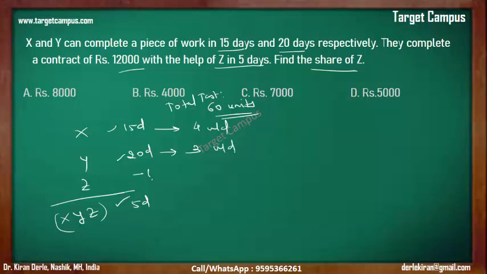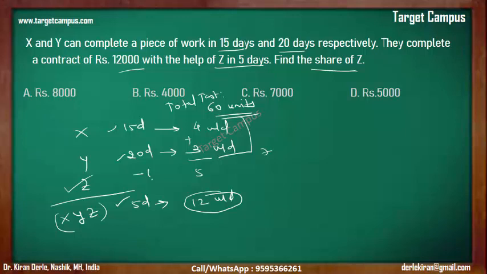And all of them can finish the work in 5 days only. So their efficiency is 12 units per day, right? Now if you observe, 4 plus 3 is 7, and all of them together produce 12 units per day, and X and Y contribute 7, so the remaining 5 must have been contributed by Mr. Z, right?